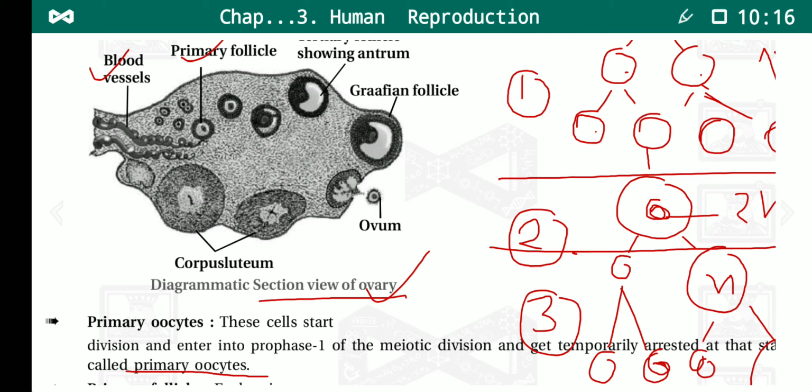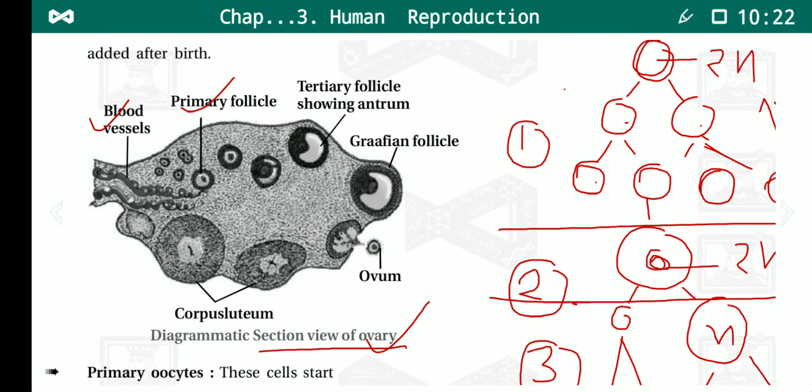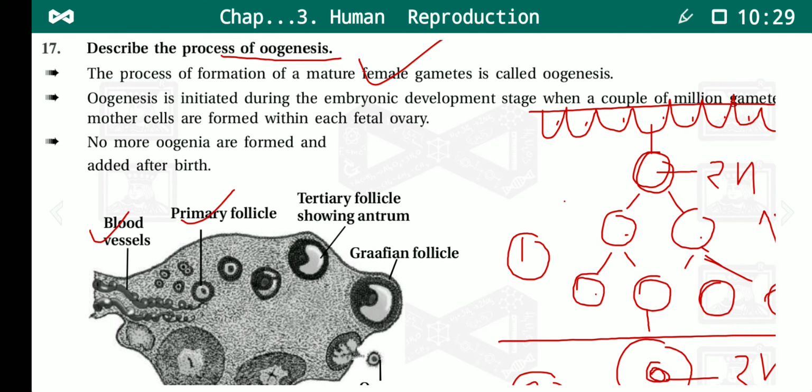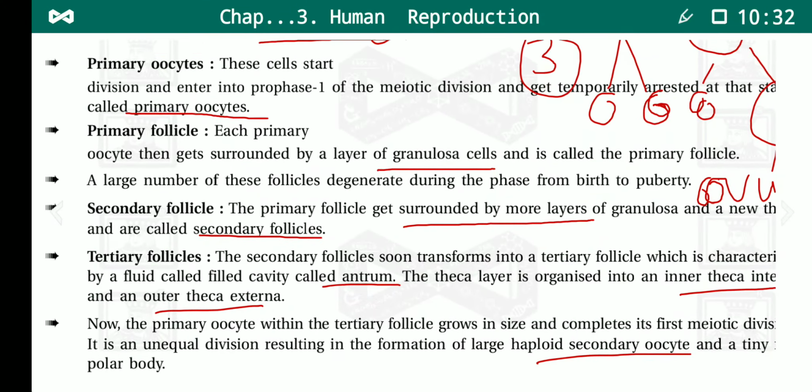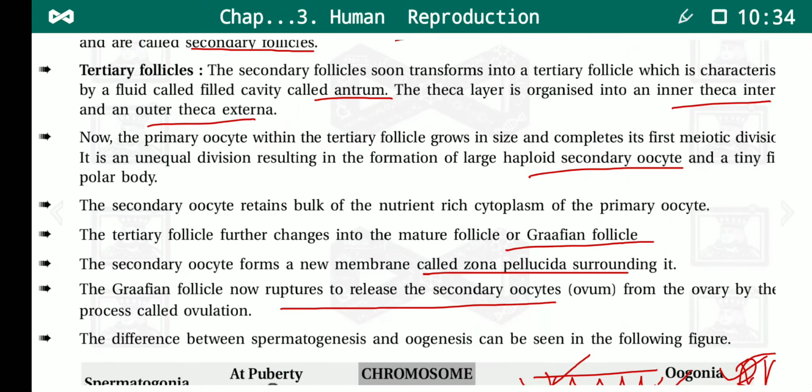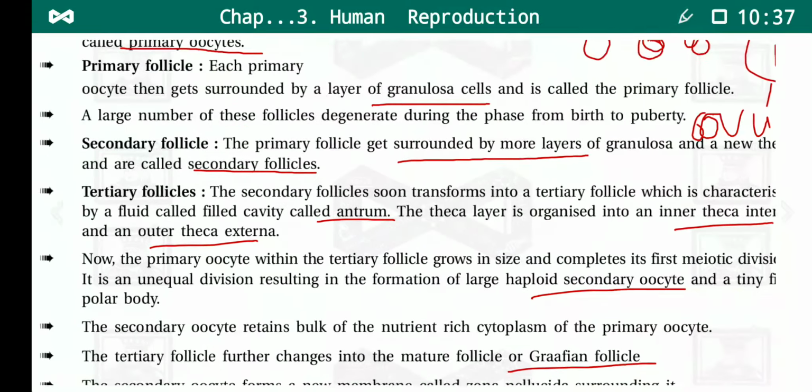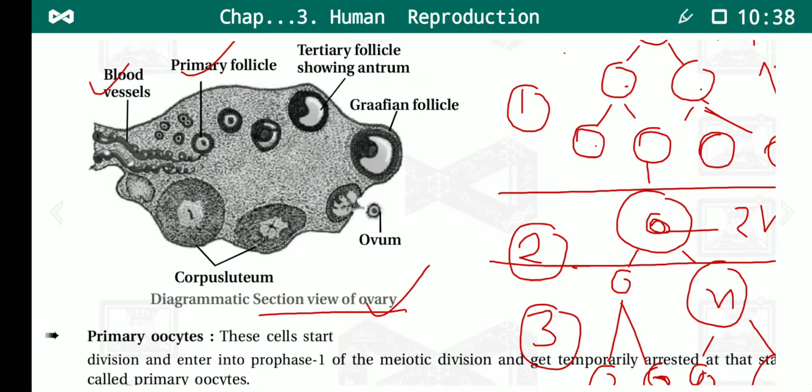The cells start to degenerate, start to break. At puberty, at adult stage, only 60 to 80,000 cells remain. These 60 to 80,000 cells remain alive and the other cells degenerate.